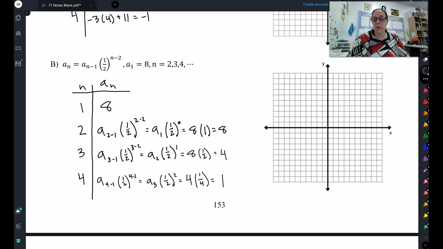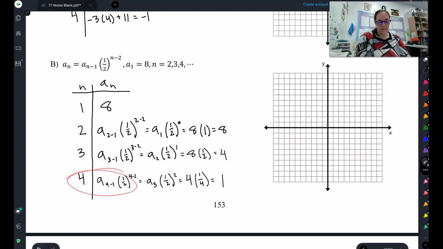Now, you probably noticed as we were going through this that this is an example of a recursive formula, meaning that to find a sub 4, I had to use the previous term, a sub 3. If I didn't know what a sub 3 was, I wouldn't have been able to calculate this. So with a recursive formula, you have to know the previous term to find the next term.